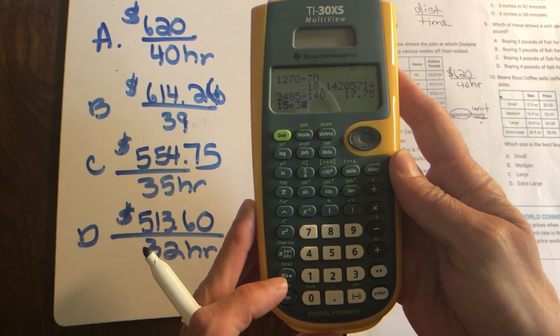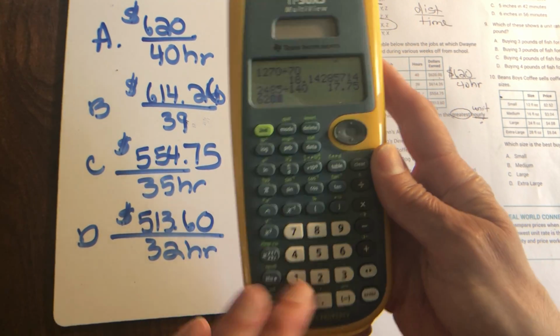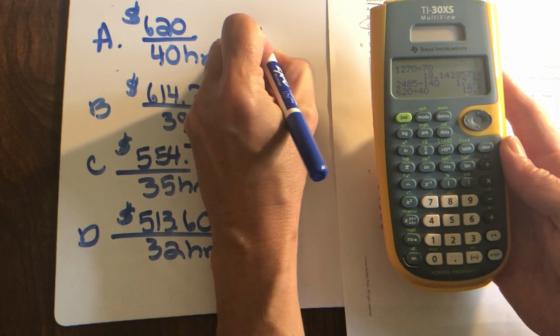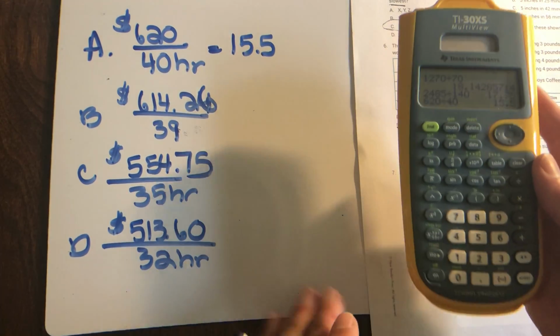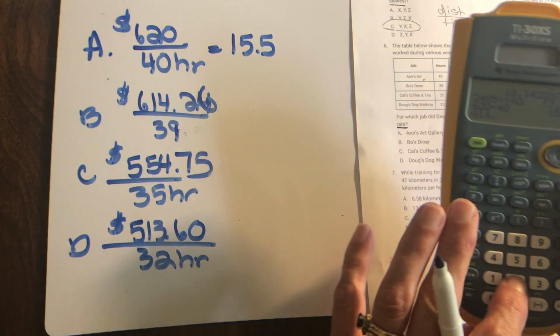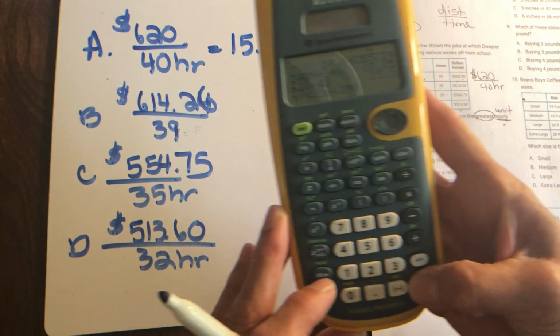Now, I'm writing this out so you can see that, but you could probably just work it straight from your problem here. So let's just work it out. Take it to your handy dandy calculator, work it out, see what you get. Write your answers down. Please write your answers down, because if you would write your answers down, you can see which one would fit the question that we're being asked.